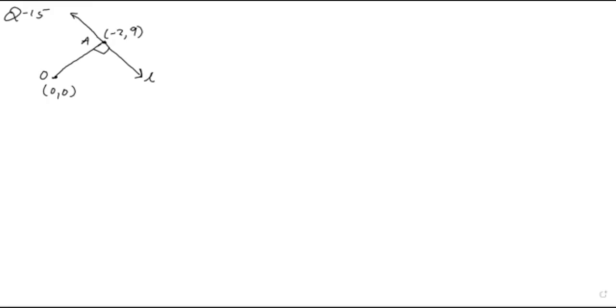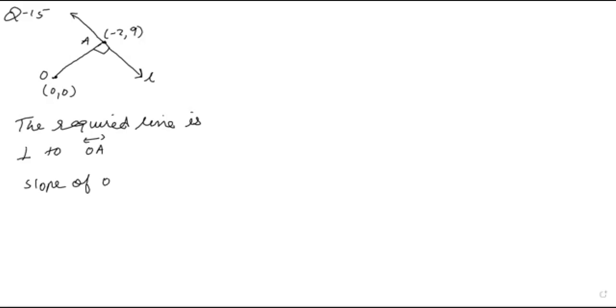So we know that this L is perpendicular to line OA. The required line is perpendicular to line OA, and we can find the slope of OA using formula y2 minus y1 upon x2 minus x1.